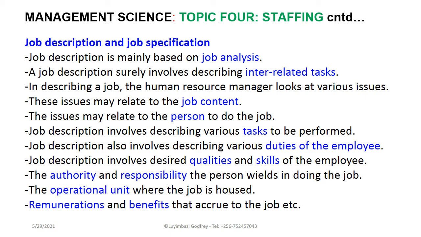Now, there are other things that we must consider. The hard skills that are required of the person who will be doing that job, the soft skills and behavioral competencies required of the person to do that particular job.